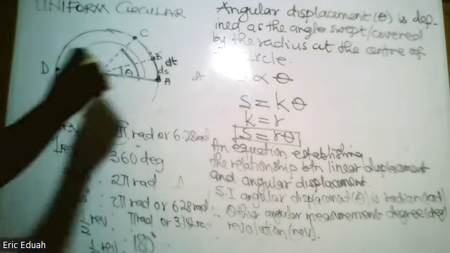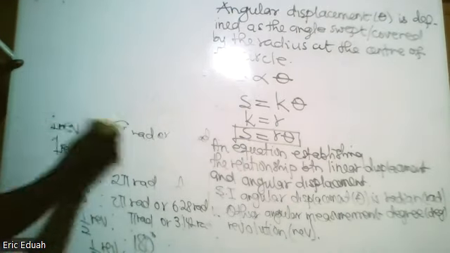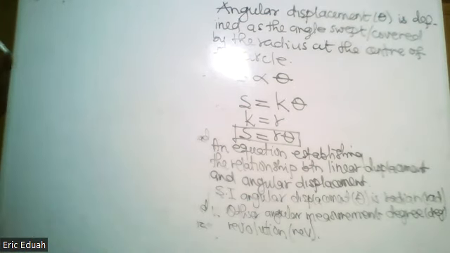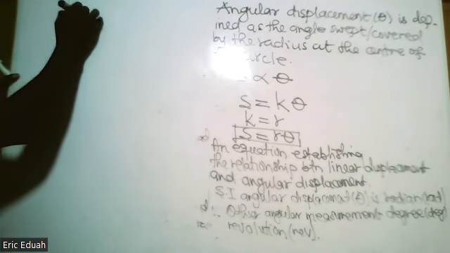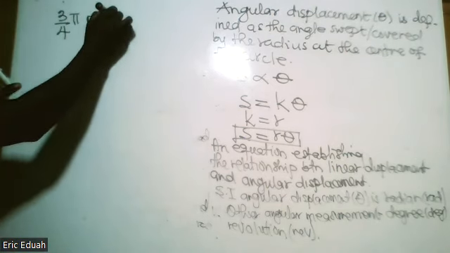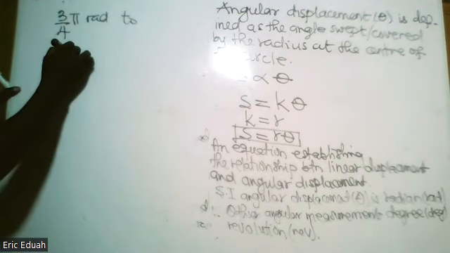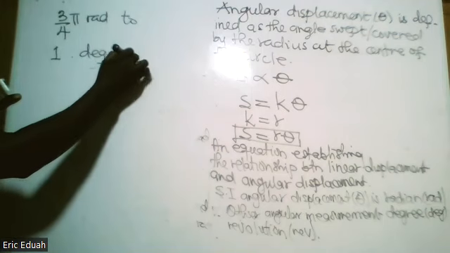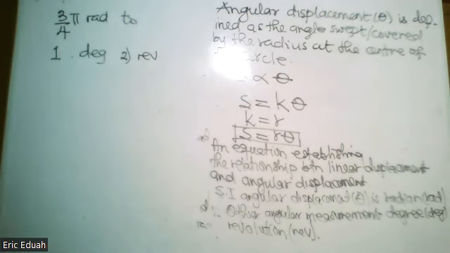Okay. All right. Then I want you to quickly do this for me. Convert 3/4 pi radian to one, degree equivalent, and two, revolution.